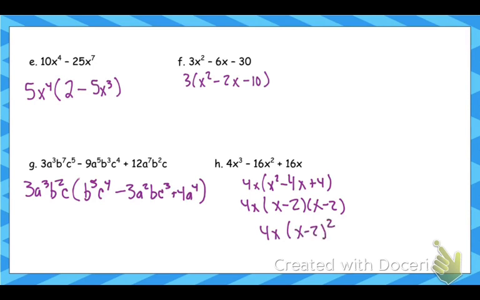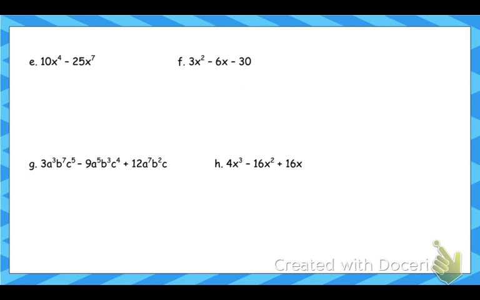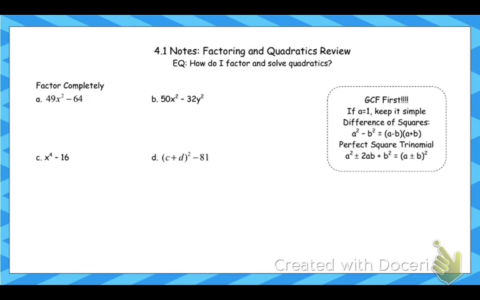And that leads us into the next type of trinomial that can be a little bit easier to see. So I'm going to go back up on our notes. And if you notice where it talks about this perfect square trinomial, the one we just did was in that form. It was x squared minus 4x plus 4.